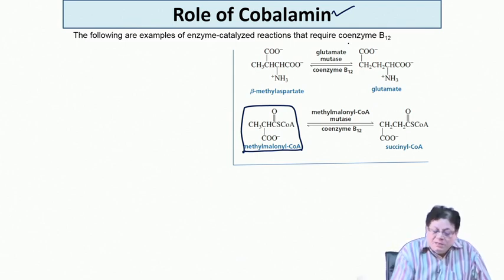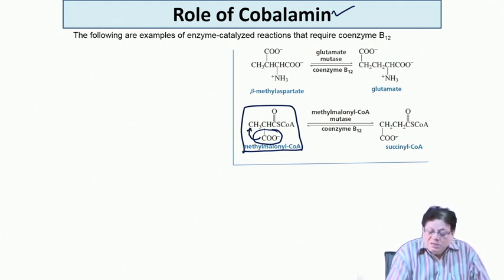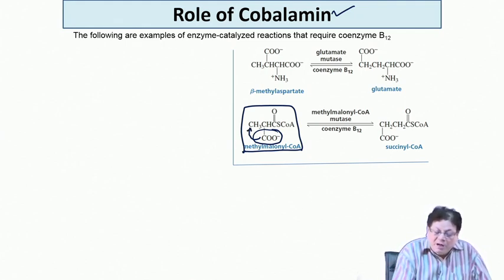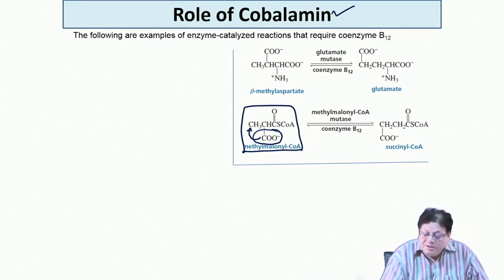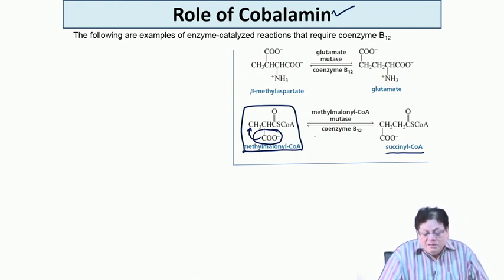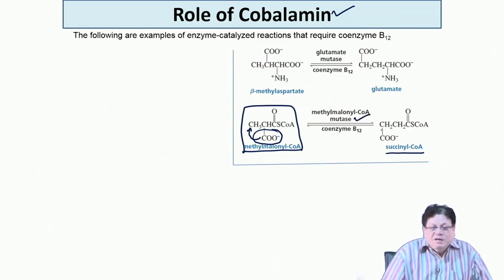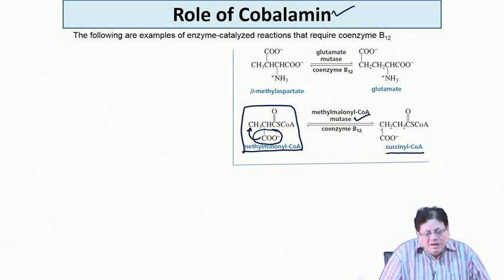The carboxy group can migrate to the terminal carbon, and one of the hydrogens migrates here. The resulting product is succinyl CoA. So, you started with methylmalonyl CoA, and this is also a mutation reaction because it is a change of the constitution of the molecule. If you change the constitution, those types of enzymes are collectively called mutases, but they are basically isomerases.